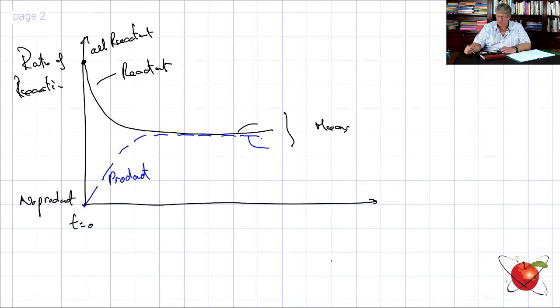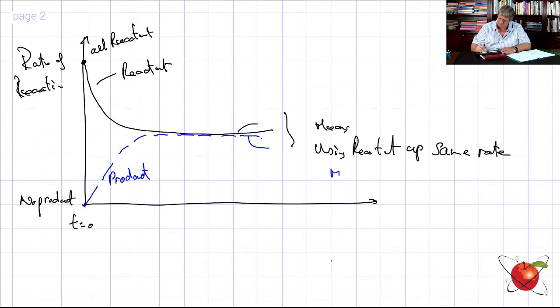It means I am using up reactant at the same rate as I am, sorry, I want blue, as I am making product.